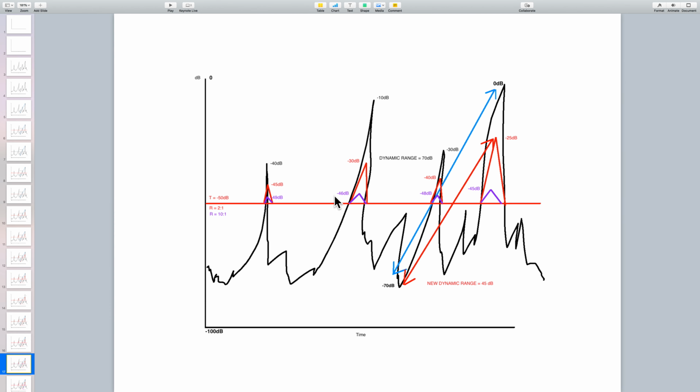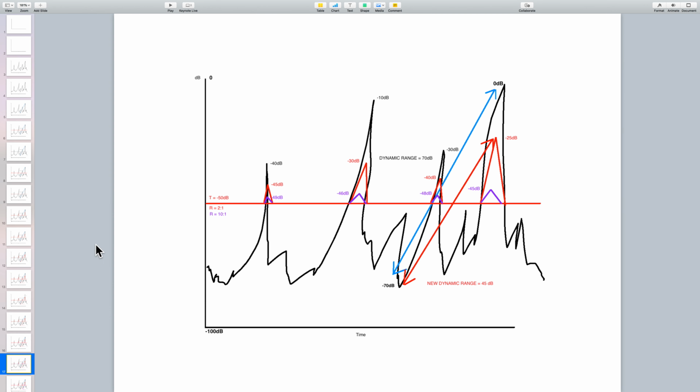Add 4 to minus 50, you get minus 46. This one was 20 dB over the threshold, so it's now 2 at a 10 to 1 ratio. Add that to the threshold and you get minus 48. And then this one, the big one, that was 50 dB over, is now only 5 dB over. So this peak is only at minus 45.